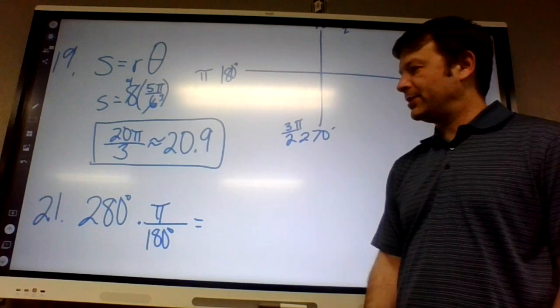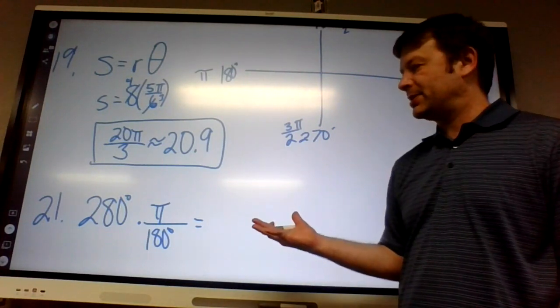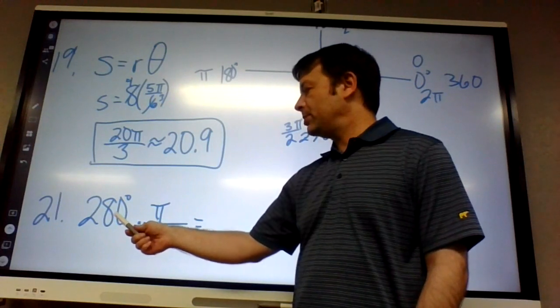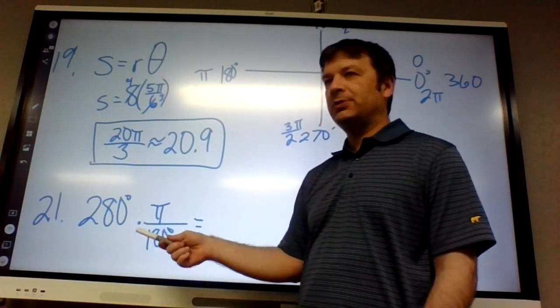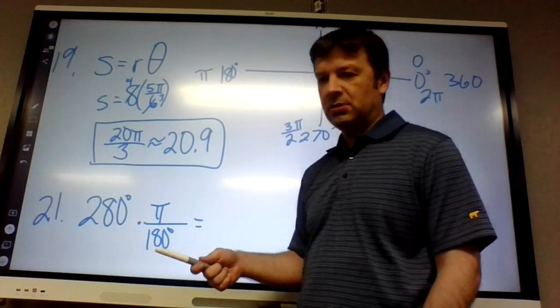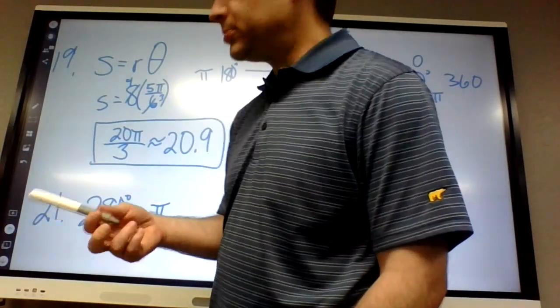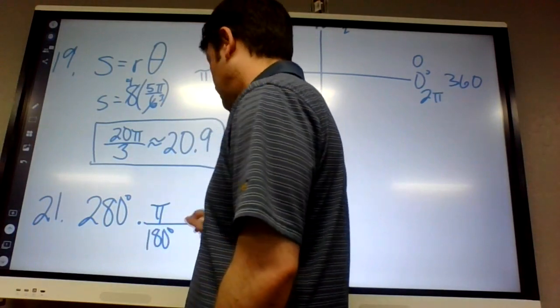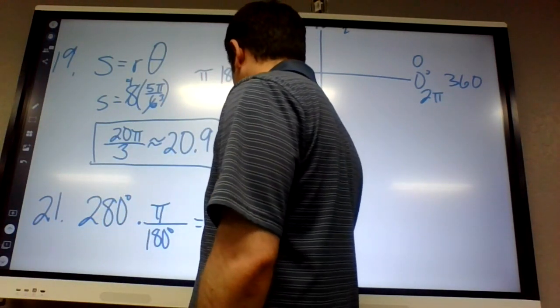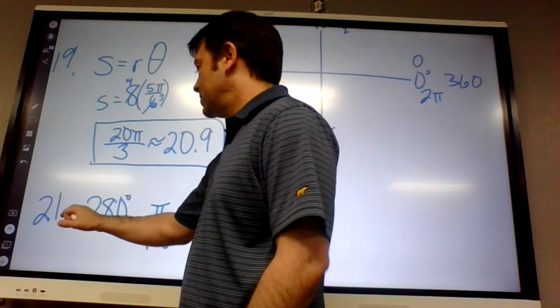Most of your calculators will, and you want to just leave pi in the answer, but like Abby, remember, you can just do 280 over 180 and reduce that and just throw pi in the answer. So what did that reduce to? 14/9. That's A.